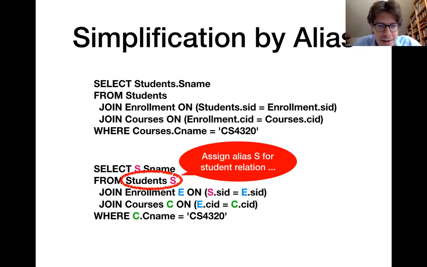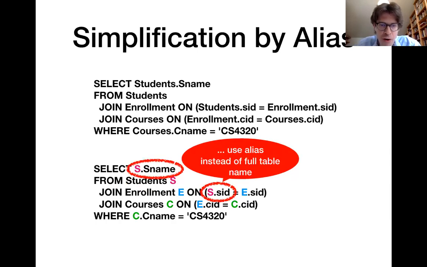And then we are using that shortcut in the other parts of the query. For instance, once when we are referring to the column that we want to select, and once when we are referring to columns in join conditions, right? So this simply saves you typing a little bit when writing the query.